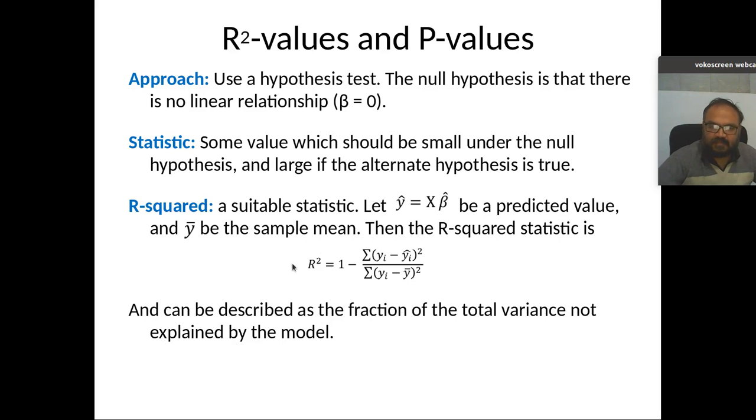If the null hypothesis is true, this would be a small number. If the null hypothesis is false and the alternate hypothesis is true, this would be a large number. You can also describe this as the fraction of total variance which is not explained by the model.